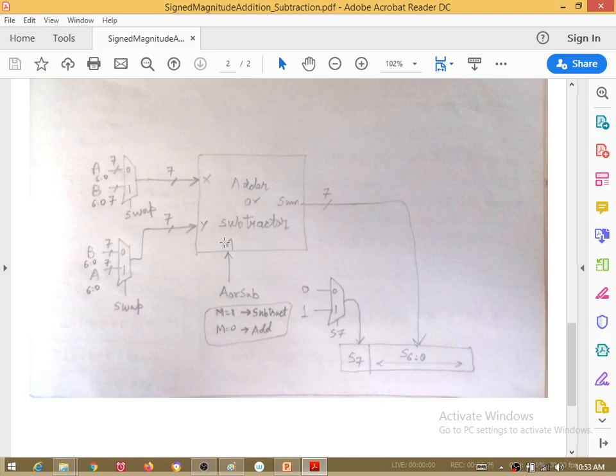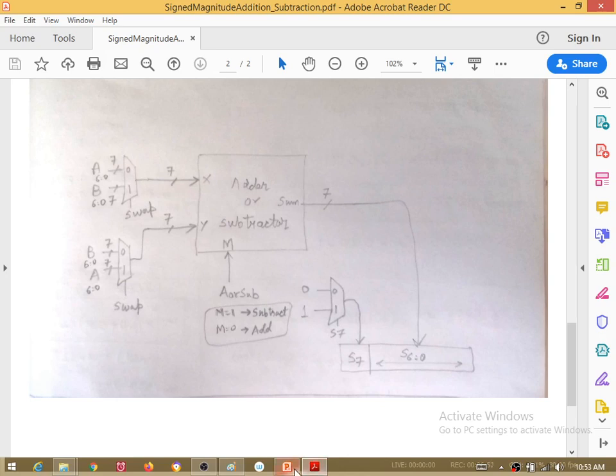And if at that time M is equal to 1, then I am actually going to do B minus A. If swap is equal to 0, then it is simply going to take A from here, and take B from here, and I could be doing A plus B or A minus B. So we'll have to be careful about how we generate our S7, how we generate our swap, and how we generate our M.